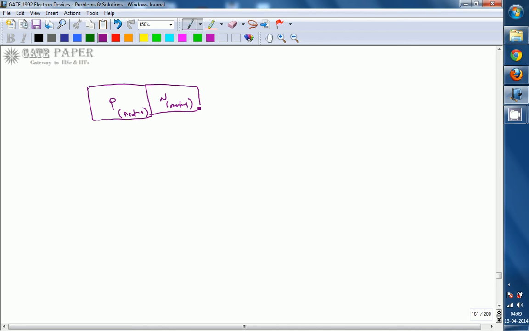Whenever p and n are added together under open circuit equilibrium condition, you get a depletion region, and the depletion region consists of only ions. For the p side it is negative ions and for the n side it is positive ions.